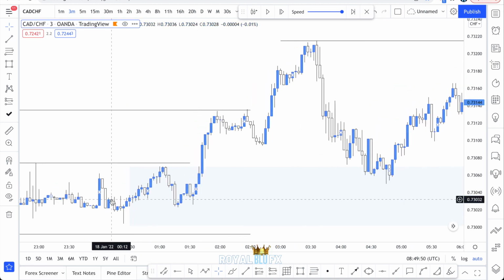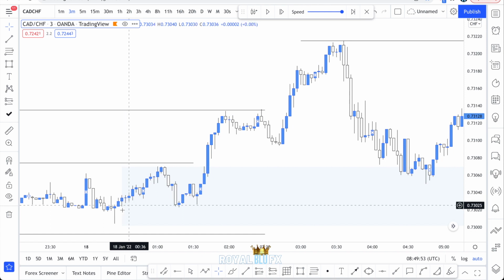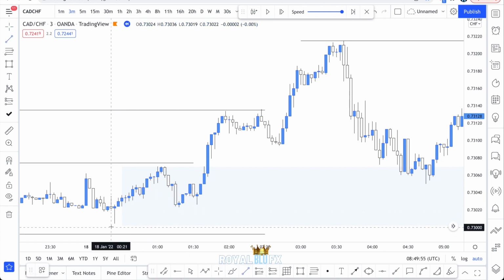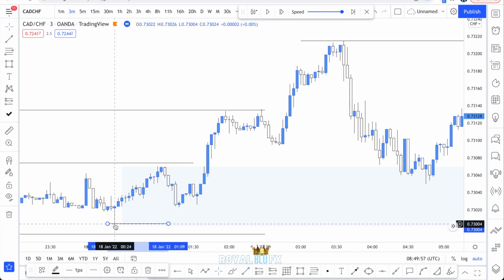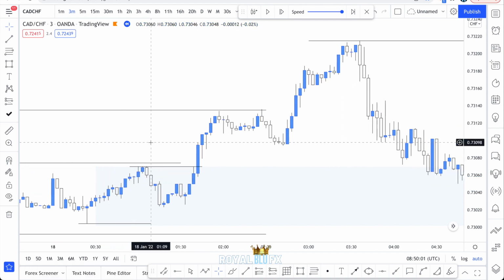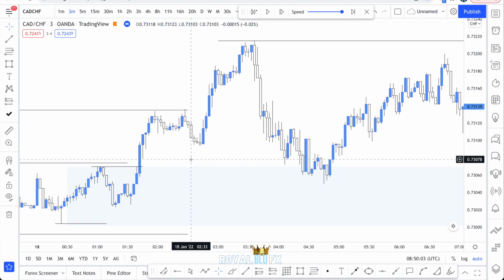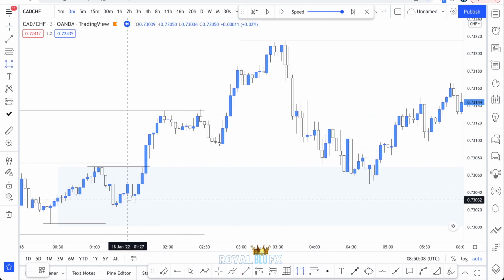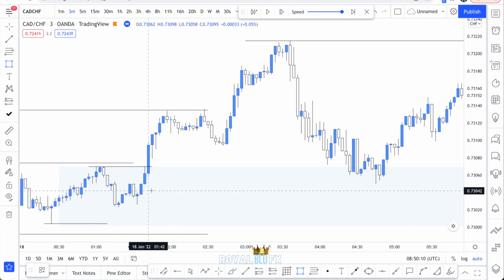Now if we zoom in here, let's just focus on this low and this high. A lot of us would say, this is very confusing because we don't know where the last low is, or maybe you do know.